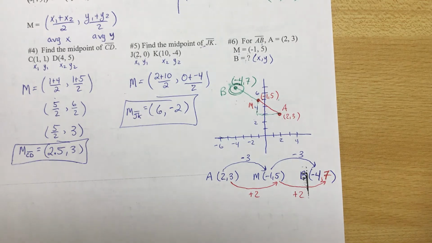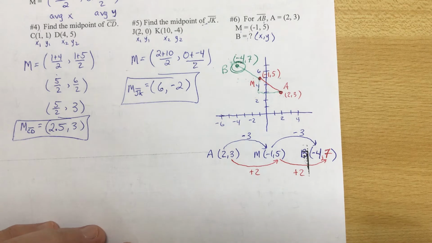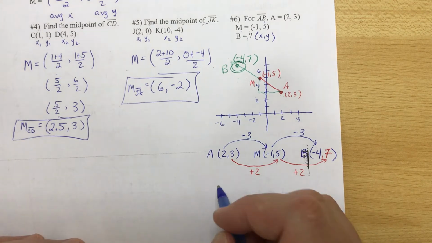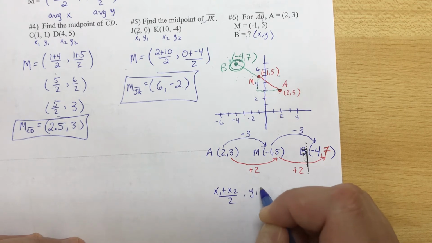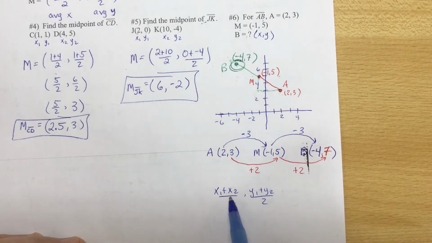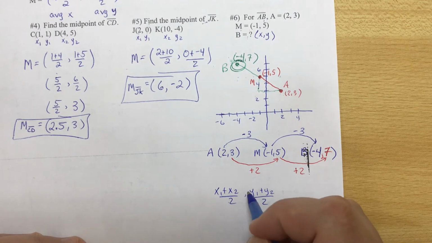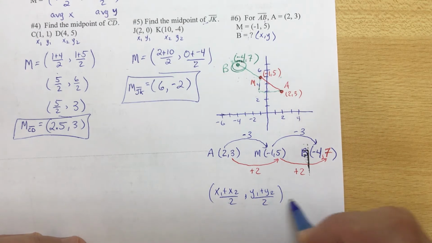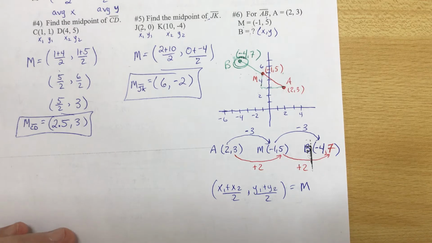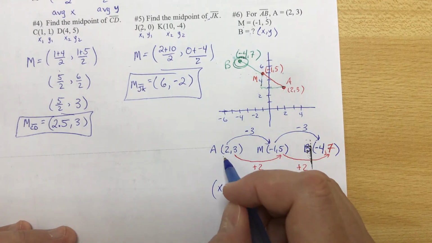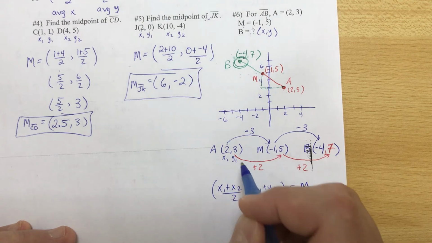The last way to do this, and this I think is the most confusing, is to actually use the formula. So where we take the average of x, we take the average of y, and in this case, we actually know the outcome. We know the midpoint. So what I would do here is I would take, they gave us point A, that could be my x1, y1.